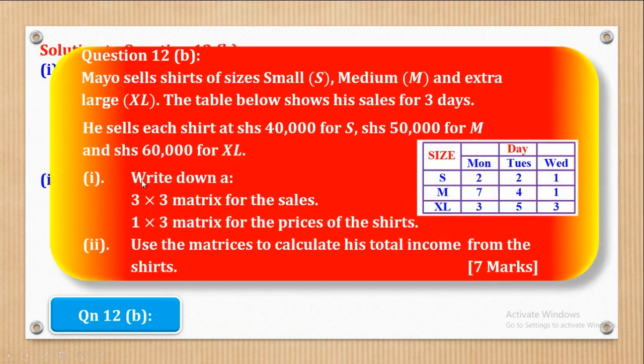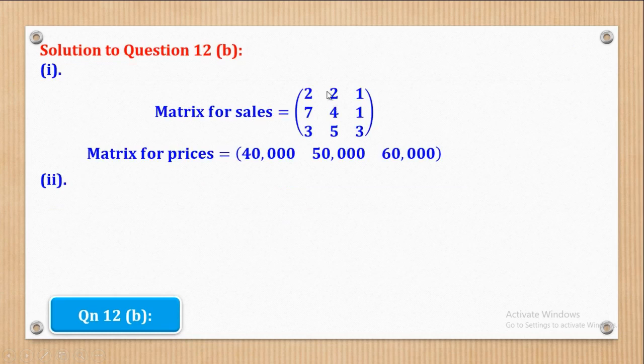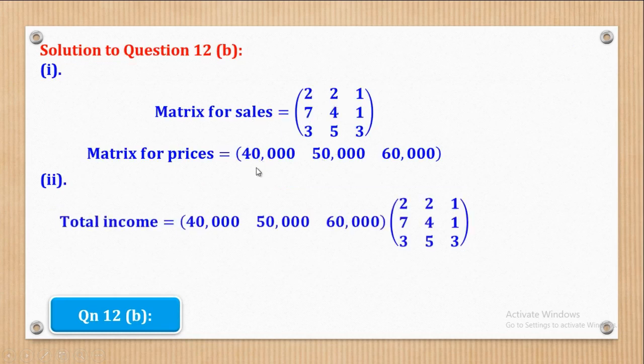Roman 2 says, use the matrices to calculate his total income from the shirts. So we have this matrix and we have this matrix. We have to multiply them. The order matters. Because this is 1 by 3 and this is 3 by 3, it means that we shall first start with the matrix of 1 by 3 followed by the matrix of 3 by 3.